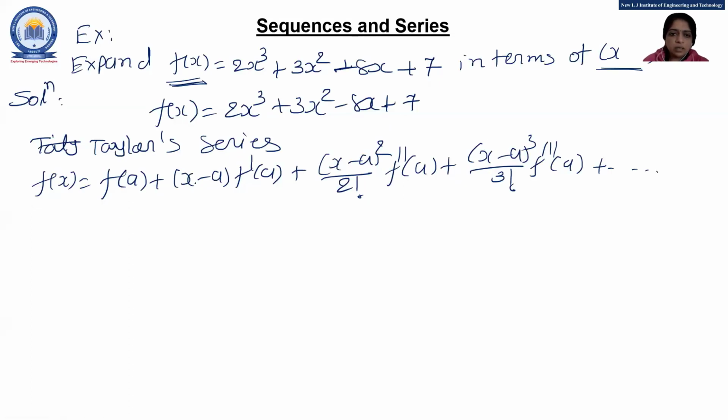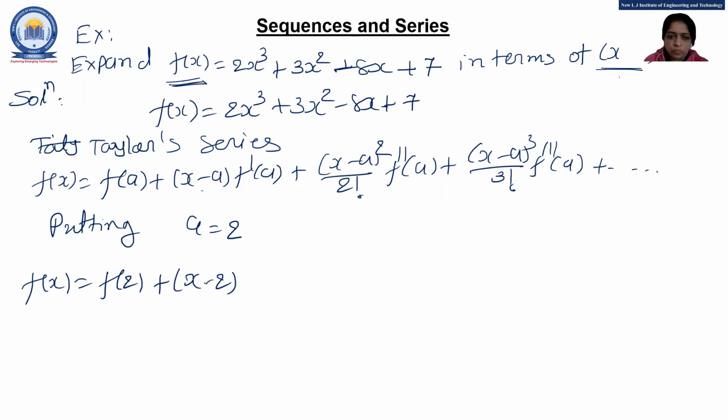So here, given f of x, by putting a equal to 2, if we compare this x minus a with this x minus 2, our Taylor series expansion f of x is equal to f of 2 plus x minus 2 f dash 2, right?